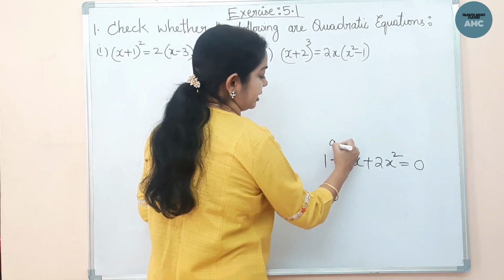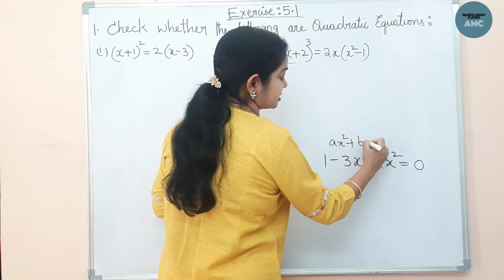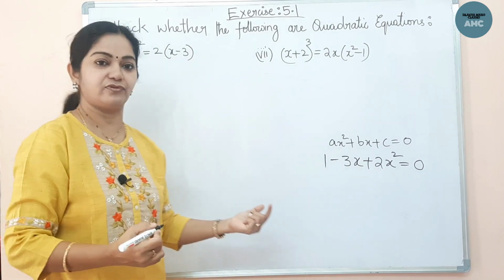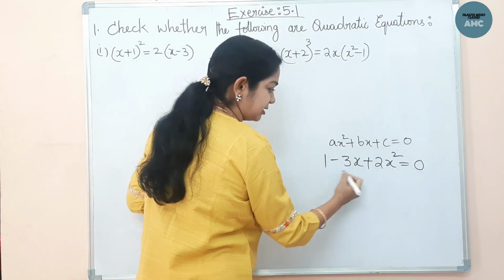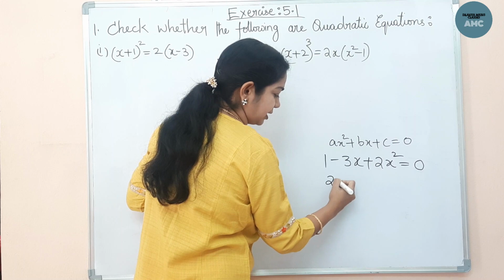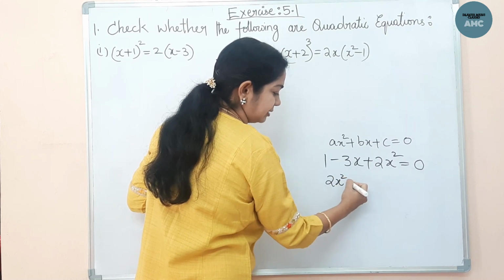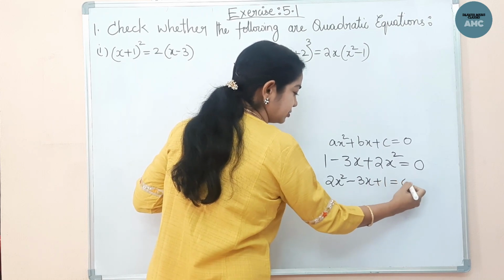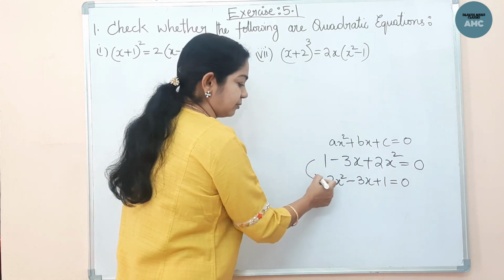The standard form is ax square plus bx plus c equal to 0. So we have to place them in the standard form. Now placing it into the standard form, first you have to write 2x square, then write the x variable, then the constant. So this is the standard form.